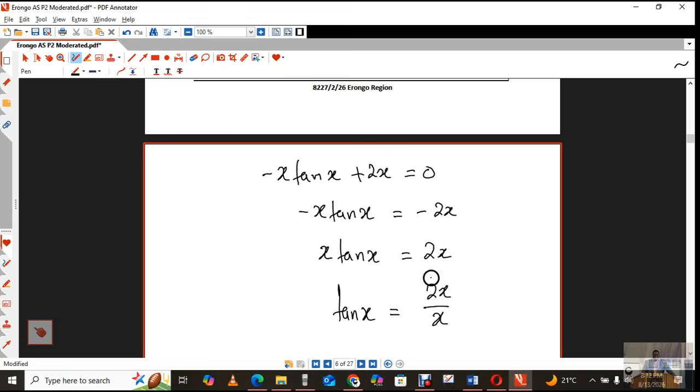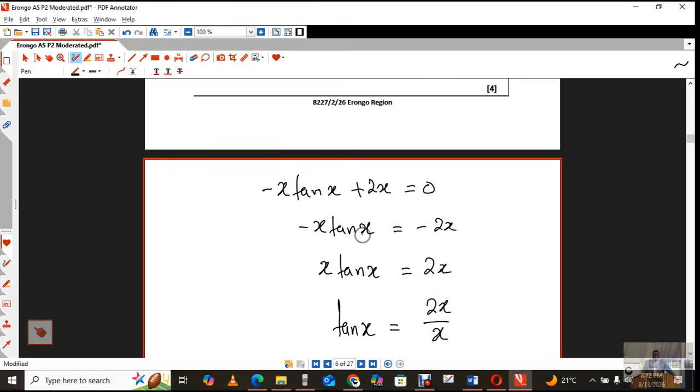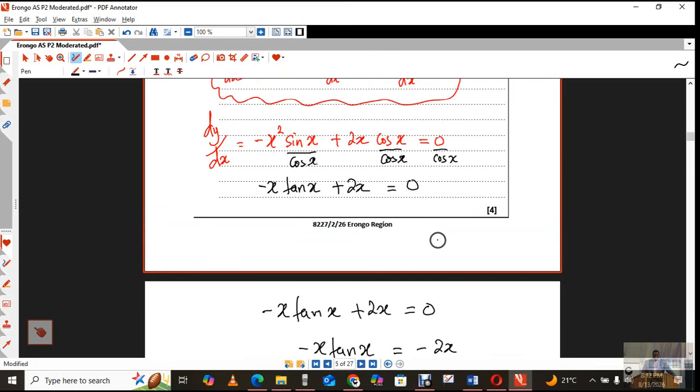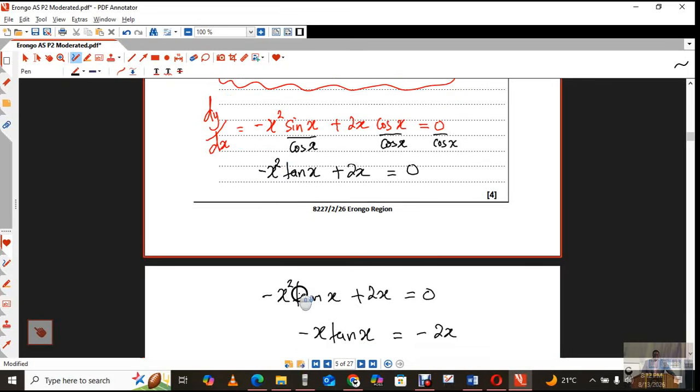Let's see where I went off a little bit. Let's go back slightly. I can see my mistake. Can you see over here? There's a little square that I didn't bring down. That square there. Good.